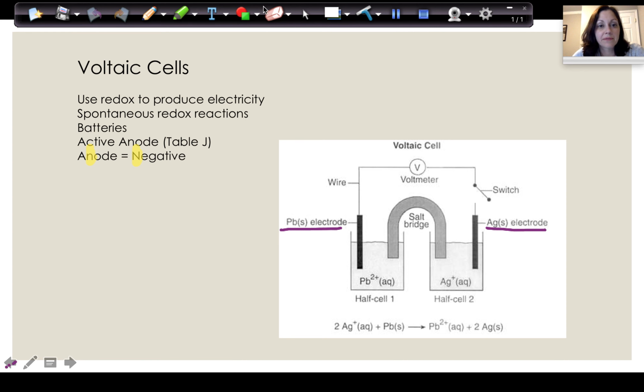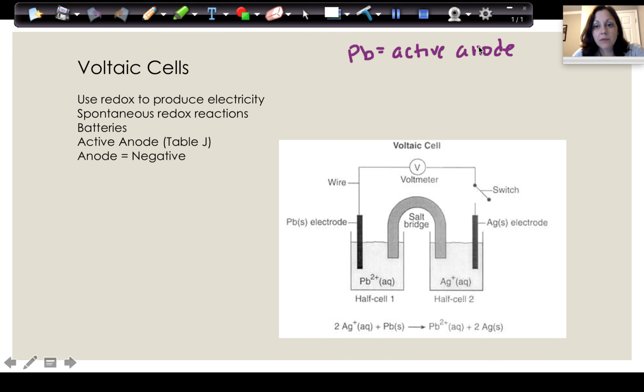That would mean that in a voltaic cell, between lead and silver, lead would have to be the anode. And in this case, Pb would be my active anode.